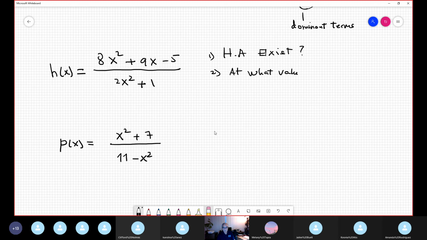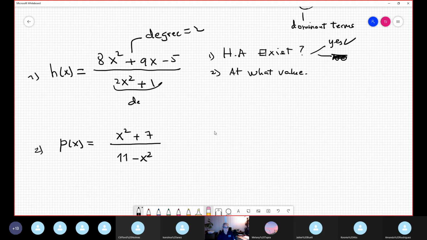What do you think? In the first example, do we have one or not? Yes or no? It's easy, it's a yes or no question. The answer is yes. Super. What is the reason? The reason is that the degree of the polynomial on the top is 2, and the degree of the polynomial on the bottom is 2.